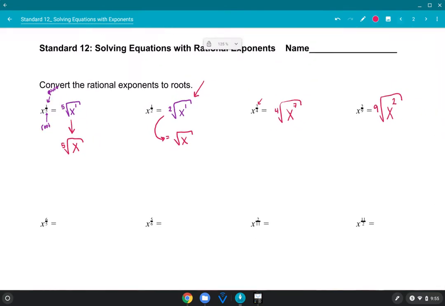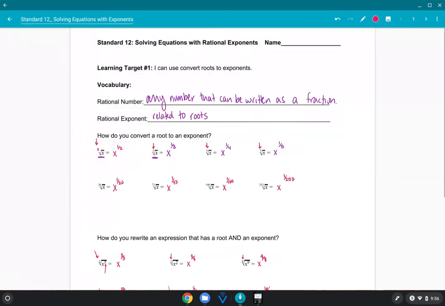So you know what we're going to do, actually? We're going to go back here, and I'm going to add to this definition. And I'm going to write out what everything means in the fraction. It's power over root.